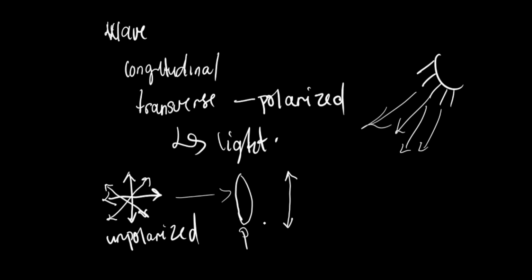It means this polarizer is going to filter out every ray of oscillation that is not in the vertical axis. If you're a ray of light coming in the horizontal direction, it blocks you out. You're coming at an angle of 60 degrees, it blocks you out. But you're coming in the vertical direction, you're free to go.